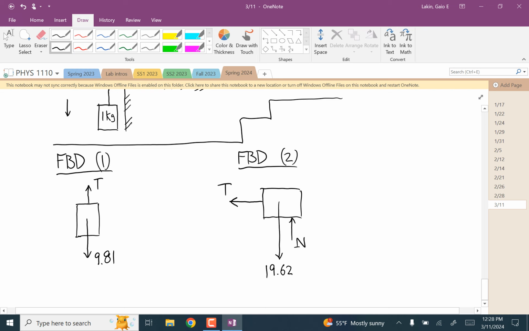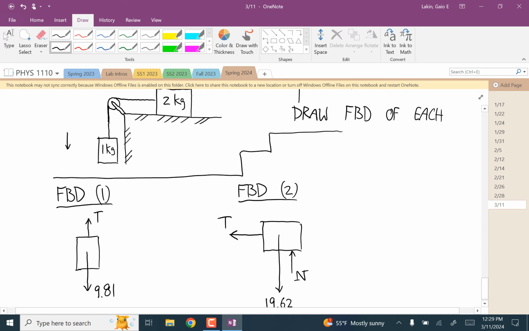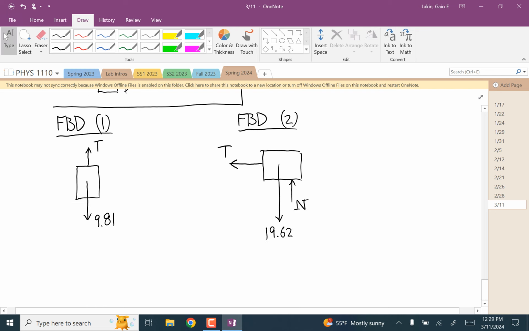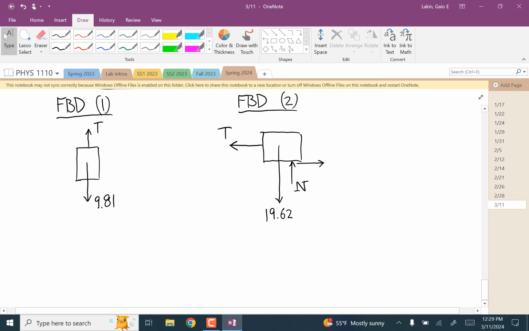So that's this way. I'll call that N. And then the friction is the opposite direction of what the object's moving. The object's moving to the left, so this friction force has to be to the right. And it's equal to the coefficient, 0.1, times that normal force. Anybody have any questions about that?